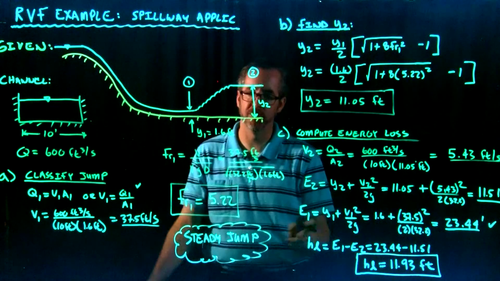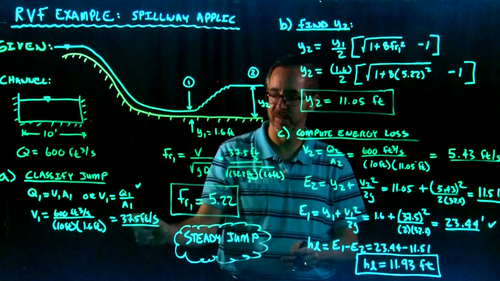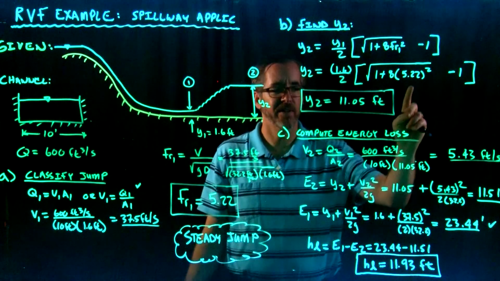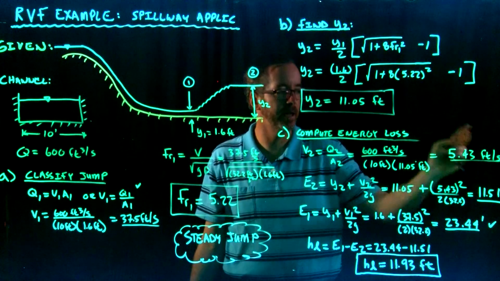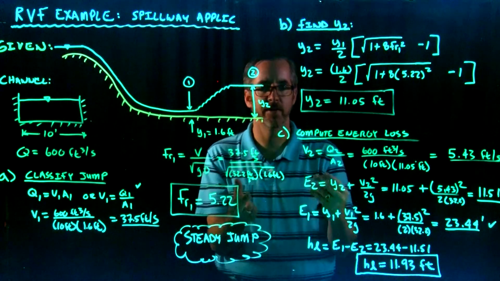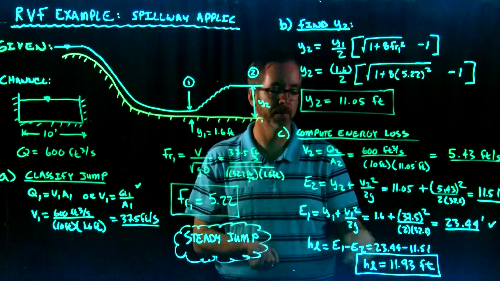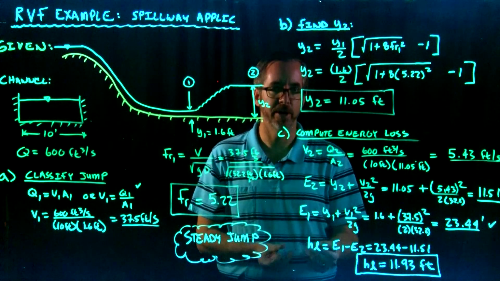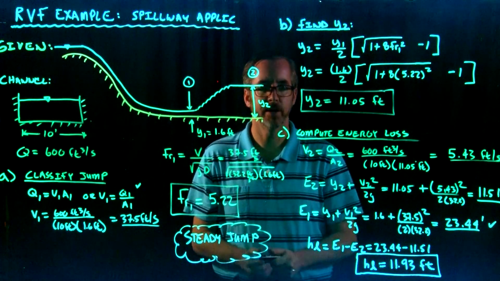So again, when it jumps from 1.6 feet coming at a velocity of 37.5 to a depth of 11 feet coming in at a velocity of 5.43, the energy loss associated with that rapidly varied flow, or the hydraulic jump, is almost 12 feet. It's 11.93. And with that, we conclude this example.